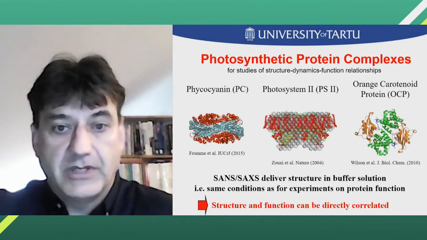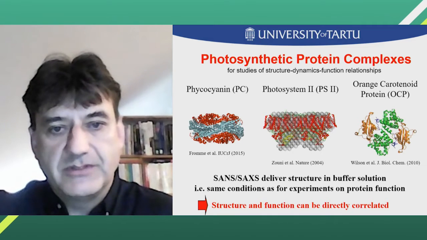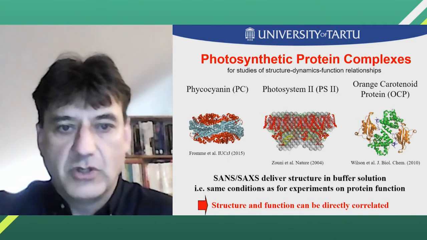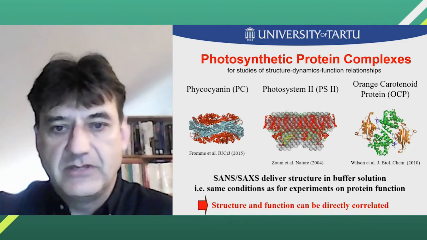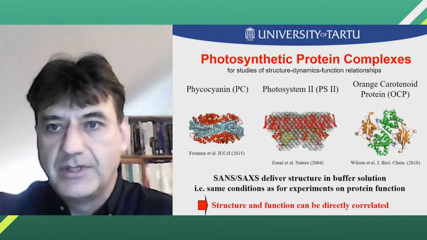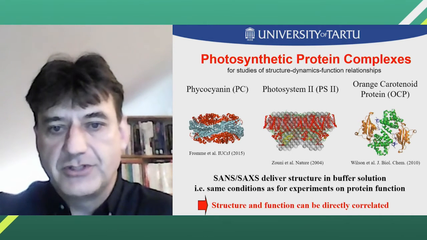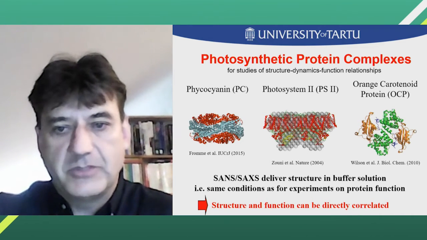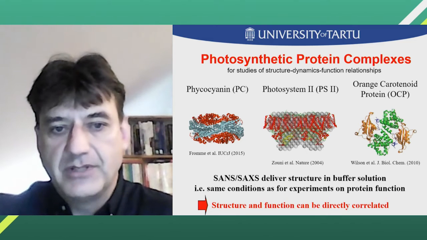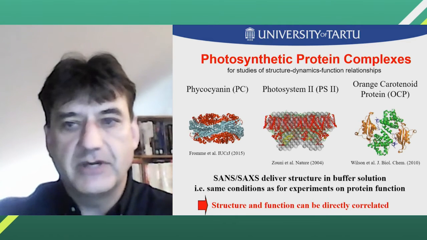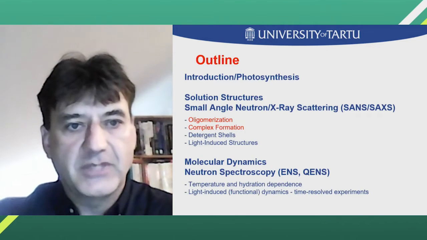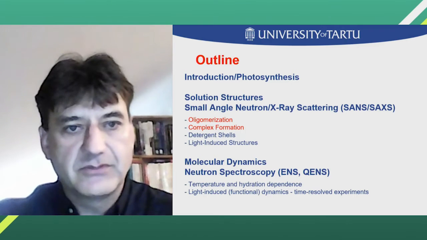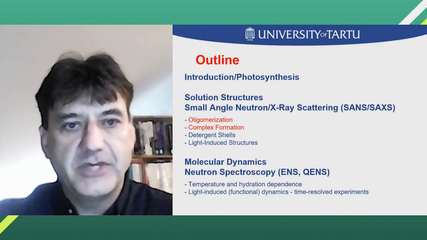So what I would like to show you in my presentation is that small angle scattering methods can deliver structures in buffer solution under the same conditions that are used for experiments on protein function, so that structure and function can be directly correlated. But let's start with the first two examples, oligomerization and complex formation.